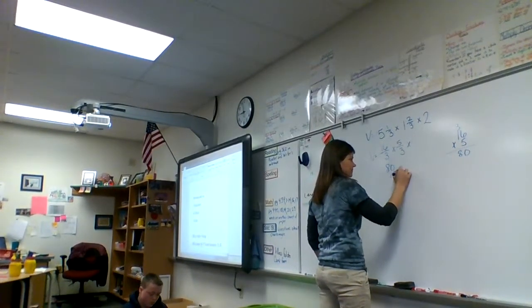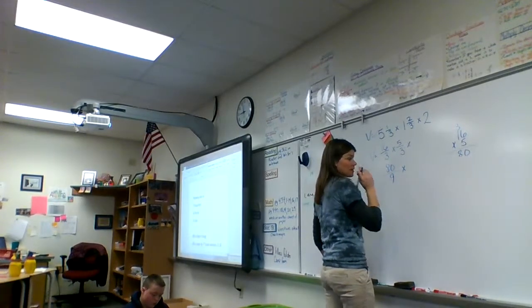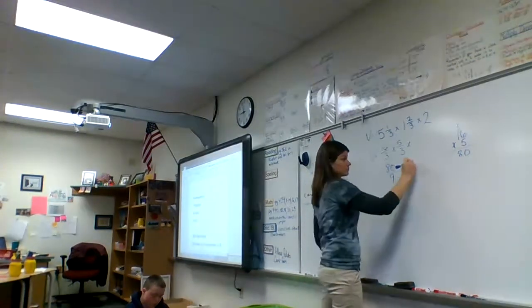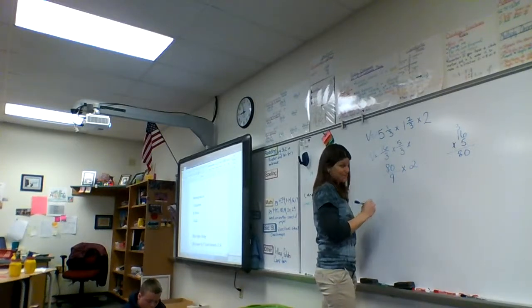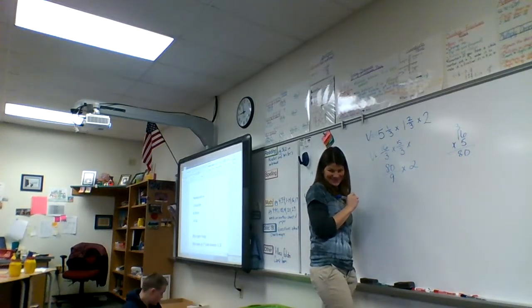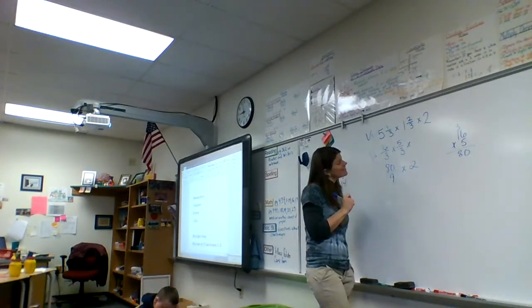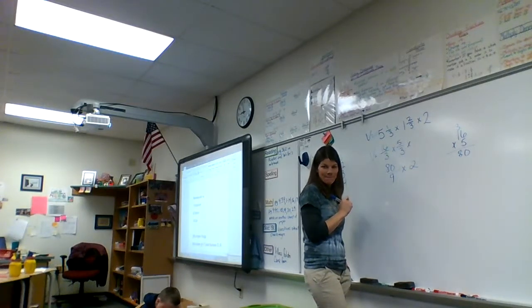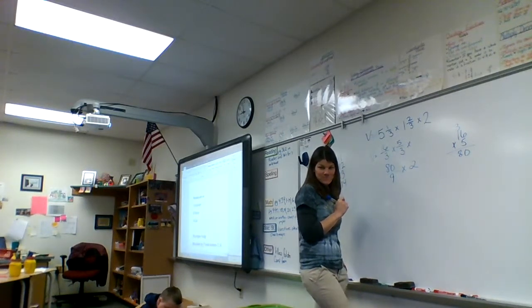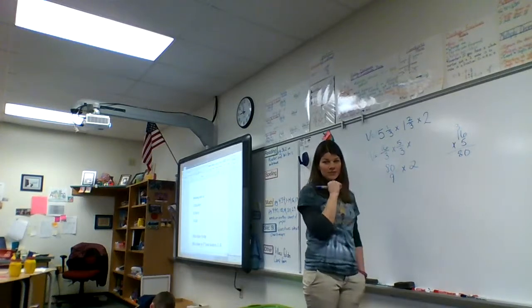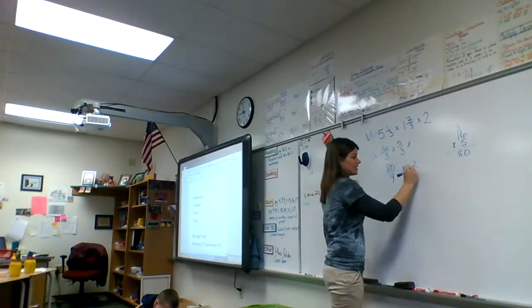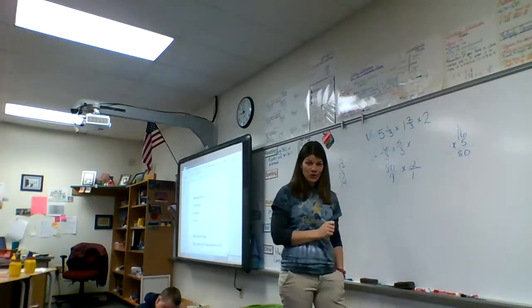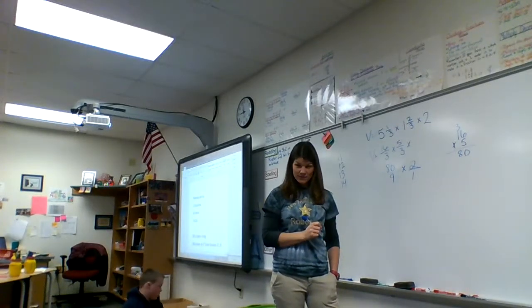Then I say 2 times what? 2 over. I changed it to a normal fraction again. What is 2 as a fraction? 2 over 1. Right. So now I have to do 2 over 1 and multiply it.